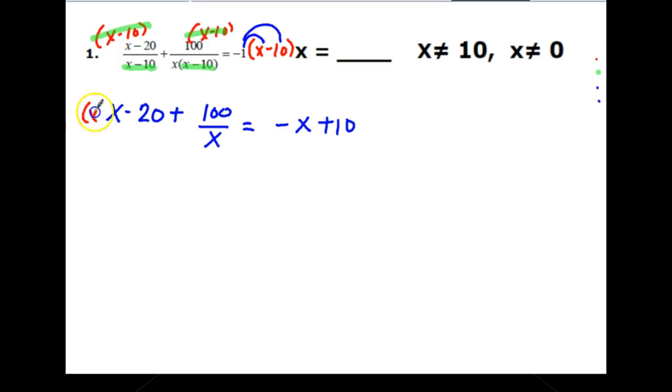The correct answer is everything. I have to multiply every single term by an x so that I can cancel out that x.